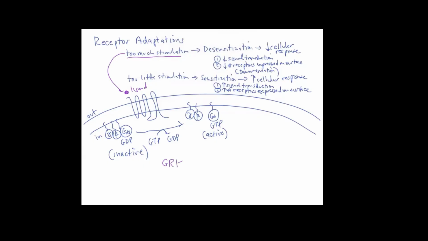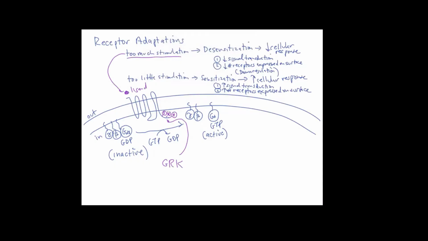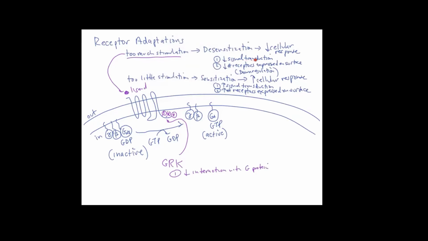And what these kinases can do is they can phosphorylate the C-terminal part of the receptor. And by doing that, that can cause decreased interactions with the G protein. And that would be very much like option number one here, where there was a decrease in signal transduction.